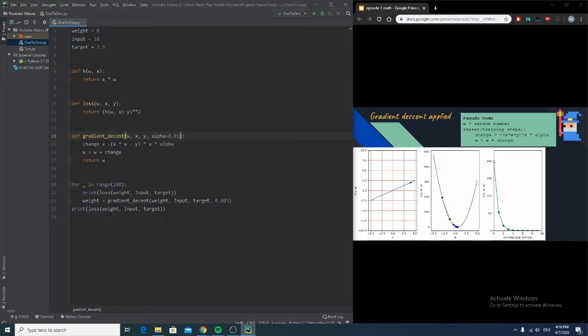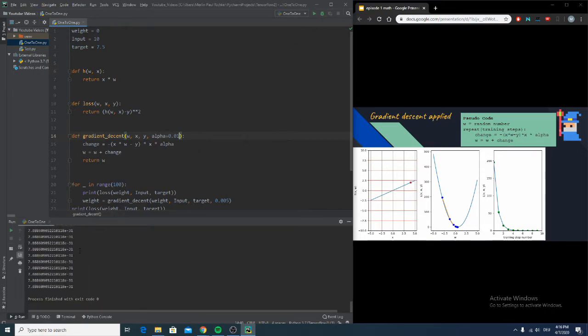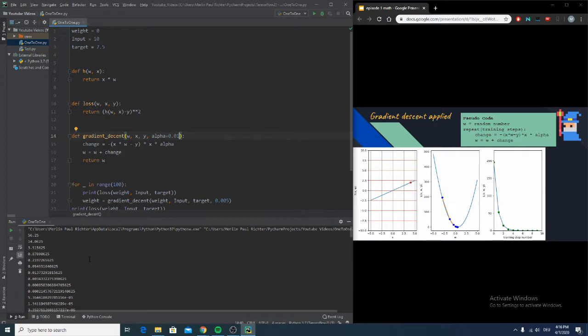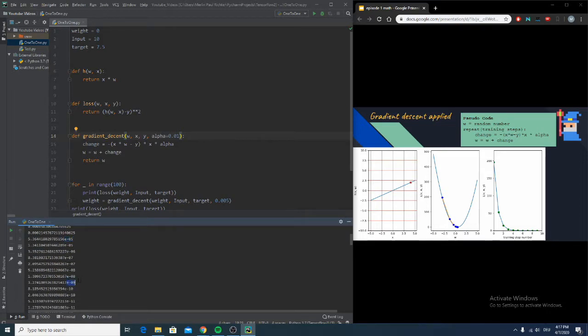Now if you run this, you see that at the start you have a really high loss, and then the loss gets smaller and smaller. The e minus 5 here, or e minus whatever, means that there are that many zeros in front of this number.